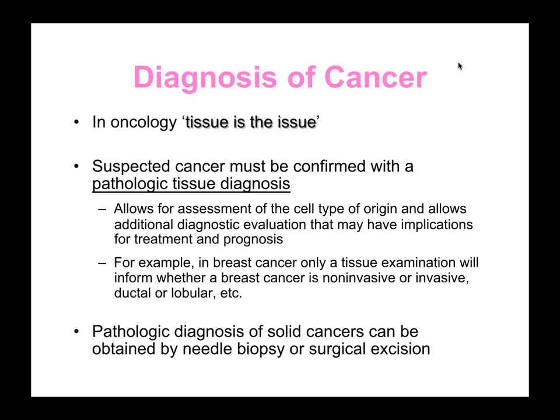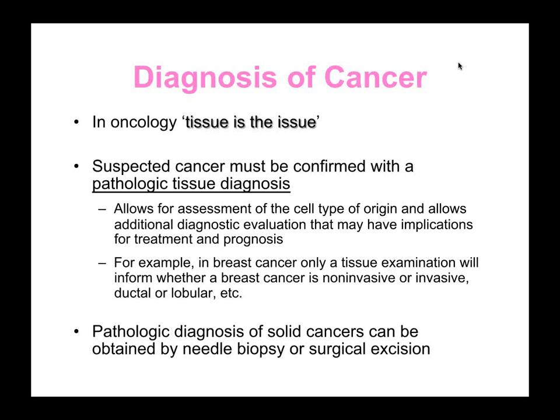We always need to confirm the suspicion with a pathologic tissue diagnosis. This allows for assessment of the cell type of origin, and it does allow some additional very important diagnostic testing on that tissue, on the tumor sample, that may have very important implications for treatment and prognosis.